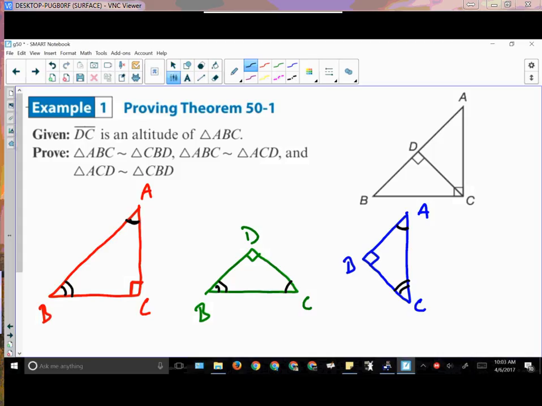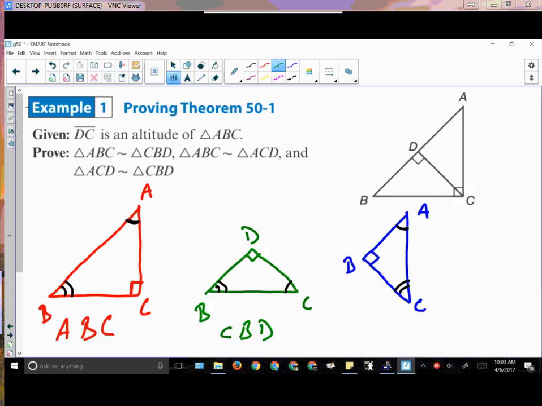Also, it helps identify which sides are congruent to which sides. So when I write this down, I want to make sure that I identify each angle or each vertex with the correct one. So if I start over here with A, then I go B, and I go C. So over here, A corresponds to C, so this would have to be angle C. Then it's going to be angle B, D. So ABC goes to CBD.